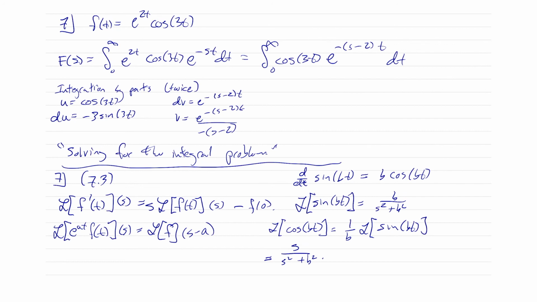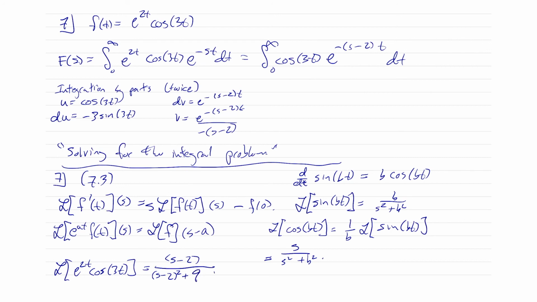And then after that, we just need to do shifting. So we have the Laplace transform of e to the 2t cosine of 3t. So b is 3, and we shift by 2. So s minus 2 divided by s minus 2 squared plus 3 squared, or 9.